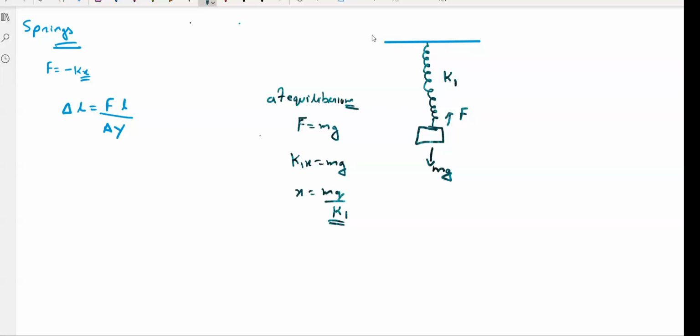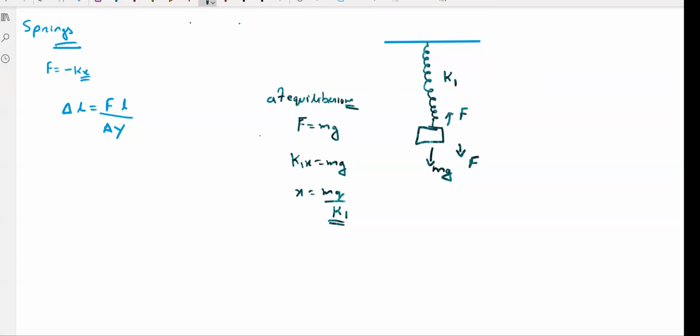Okay. But now my question is, what if you pull it further? Suppose you pull it further by some force F. What will happen? Think about it. Everyone, think about it, step by step.